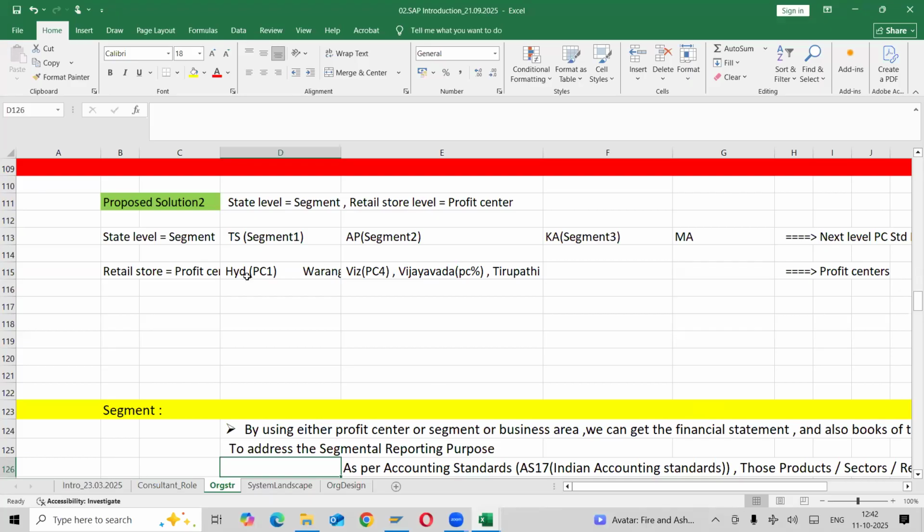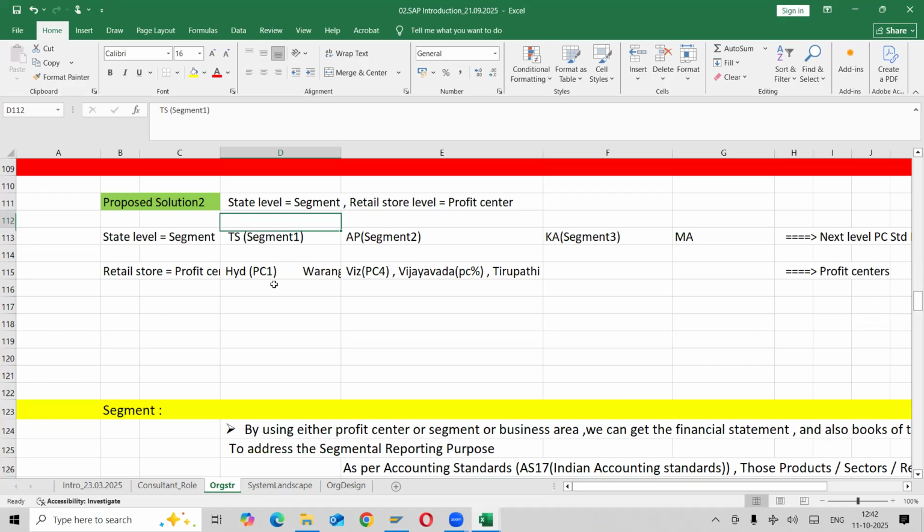But if we want to go product-wise, where we have multiple products and also areas, both things, then you can propose business area as area. Then definitely you can have product-wise, in the sense you can have profit center and segment, where segment is a product and profit center is the area. Clear?